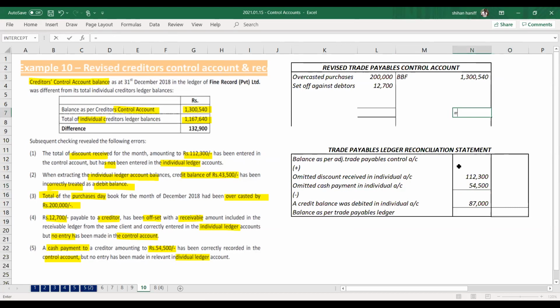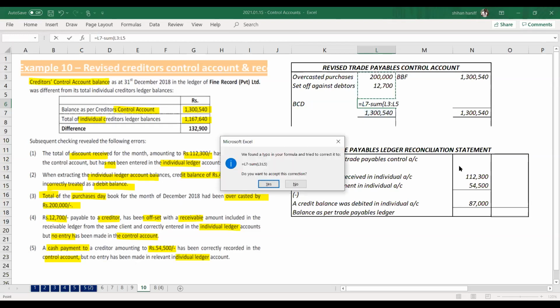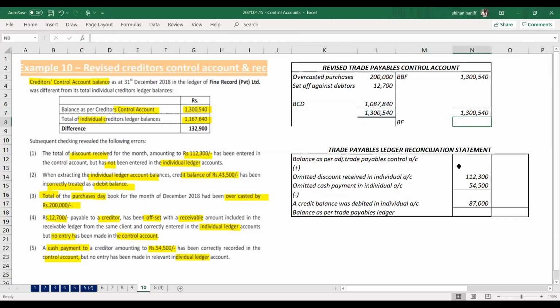Right. So that's all we have. Closing balance is 1,087,840.